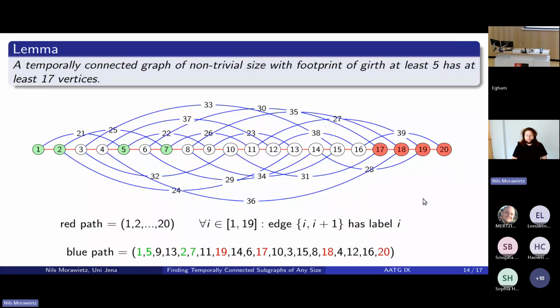So let's convince you that the red vertices cannot reach the green vertices. Well, the red path is completely before the blue path, meaning that within the red path, the best these red vertices can do is possibly reach vertex 16. Or the only one who can do it is vertex 17 itself.